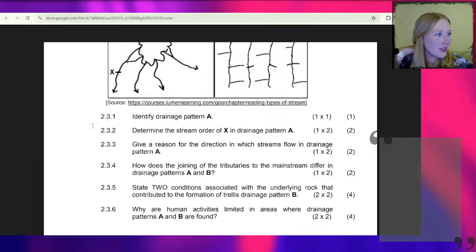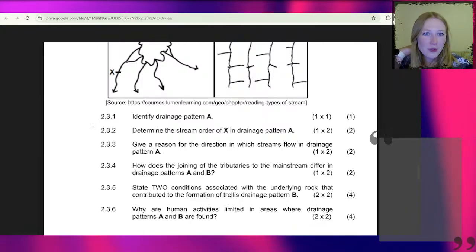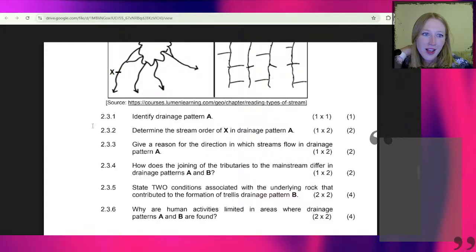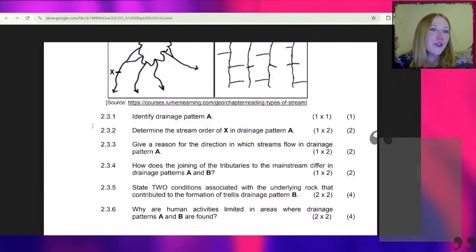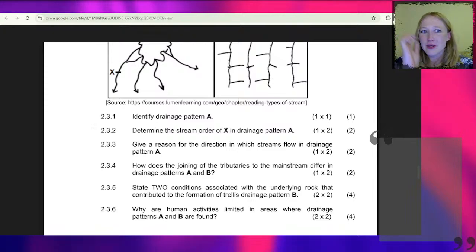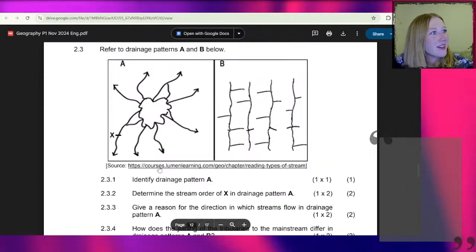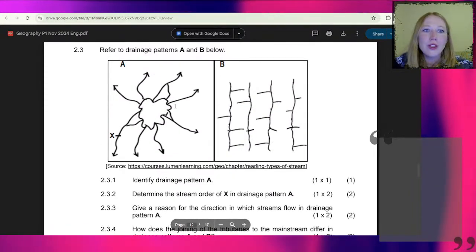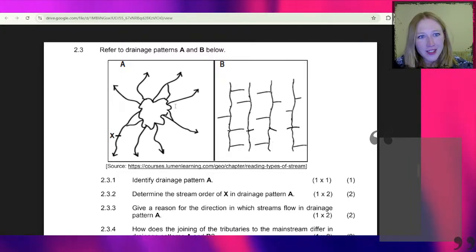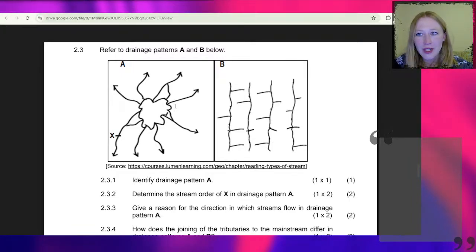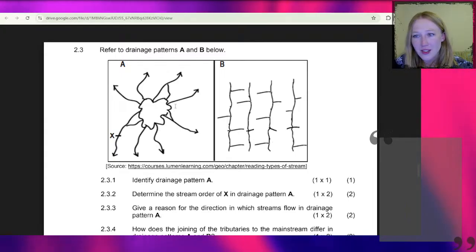I don't think the answer is actually related to the river. I think the answer is related to the topography. I hope I'm not reading into it too much. But for A, we know that this is probably a steep-sided mountain, and you won't really find a lot of development or human activity on a steep-sided mountain.